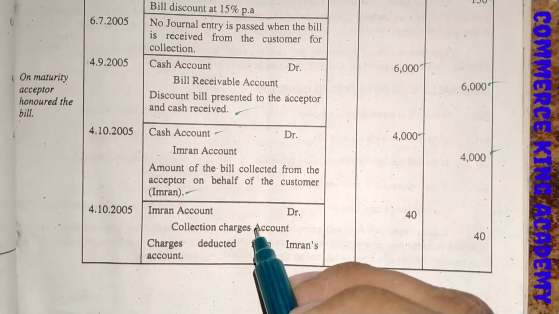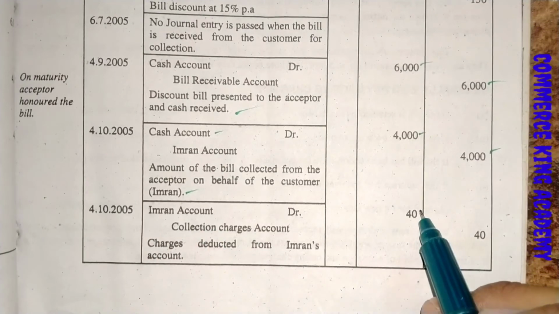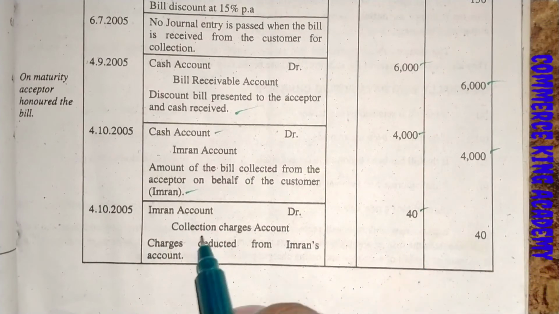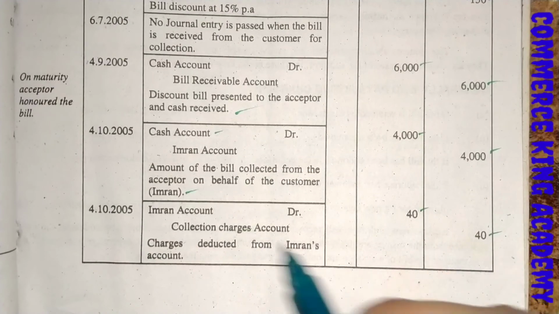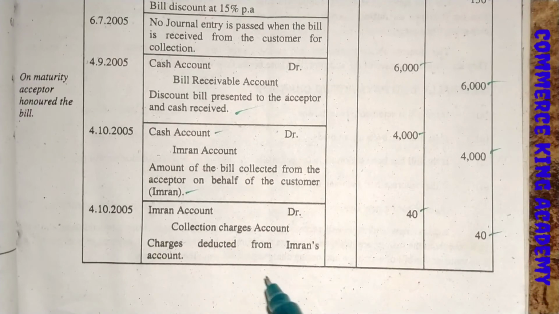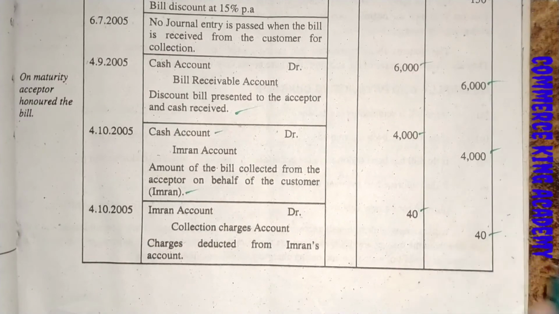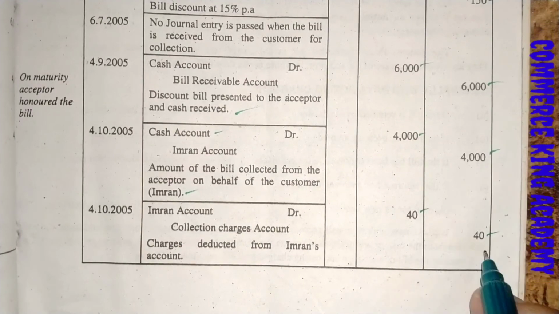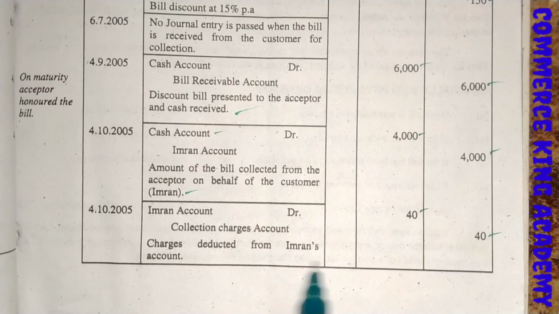So Imran account is debited here, amounted 40 rupees, and collection charges account with the same amount, 40 rupees, will be credited, because collection charges account is revenue or income for the bank, therefore it will be credited in the books of the bank, with details or description: charges deducted from Imran's account.